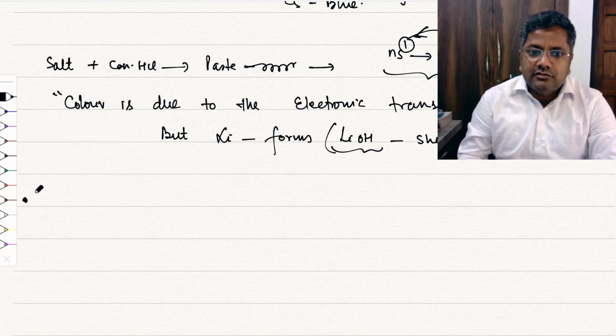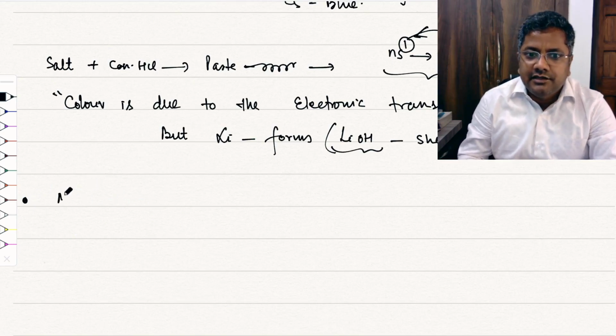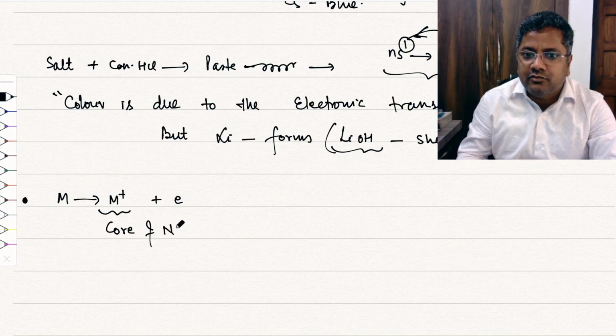Now the color of the compounds. All of you know that these metals easily form M plus and an electron, and this has the core of noble gas.